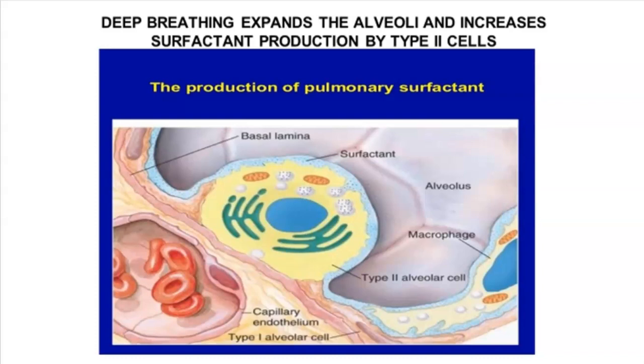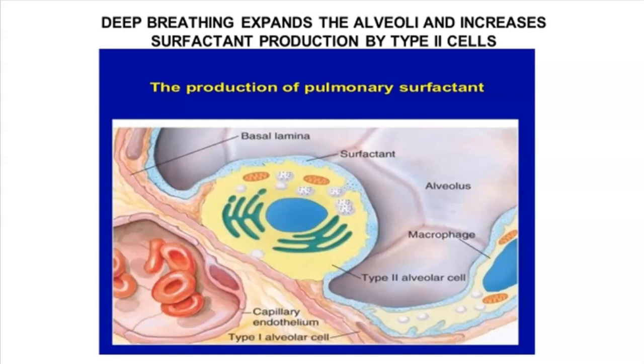If the surface tension is too high, that is, if there's too little surfactant being produced, the surface tension of the water in the alveoli would actually tend to pull the alveoli closed instead of helping to keep them open. So the surfactant is necessary to help keep the alveoli inflated, or at least make it much easier for the lungs to inflate the alveoli with each breath.